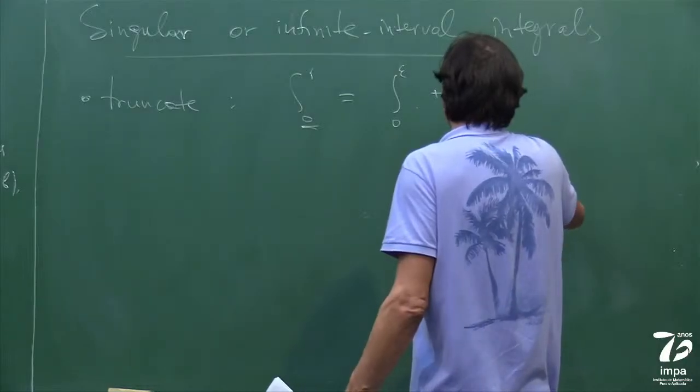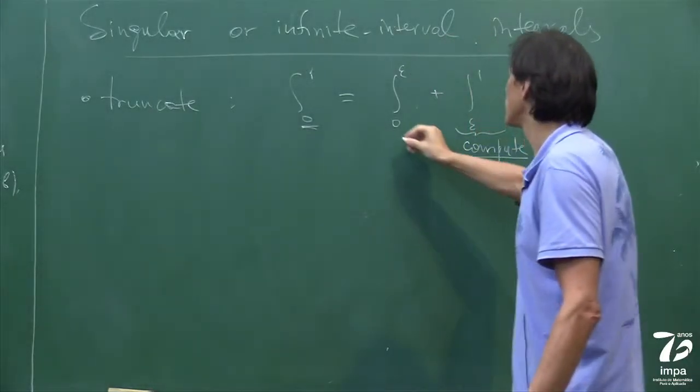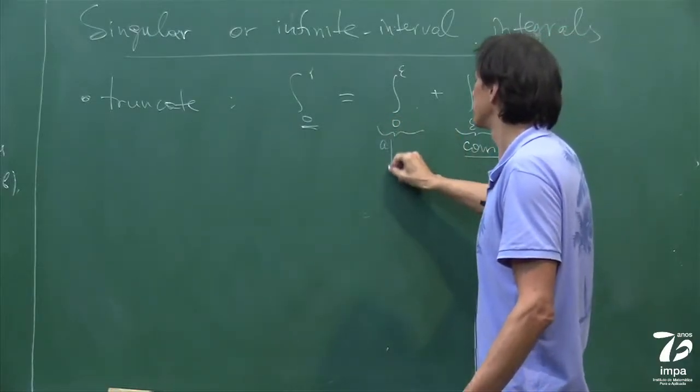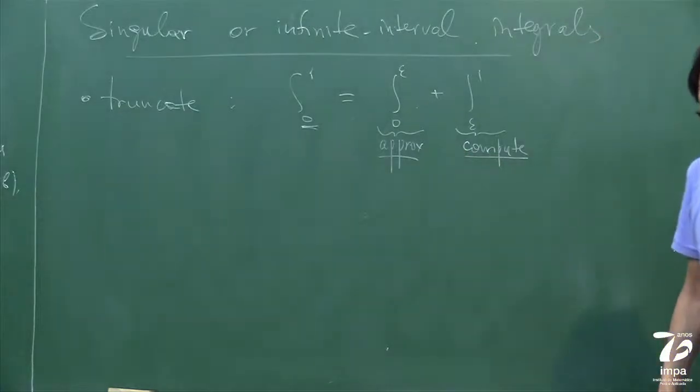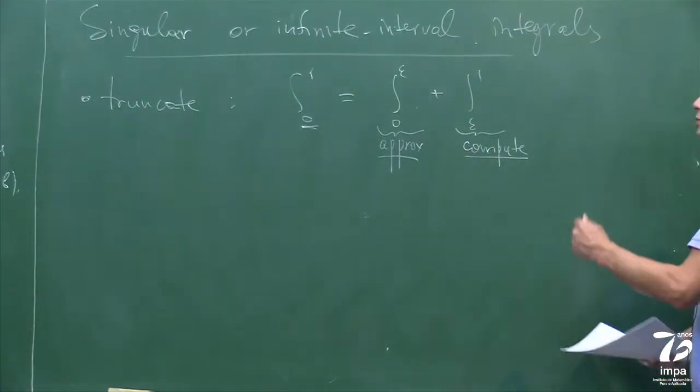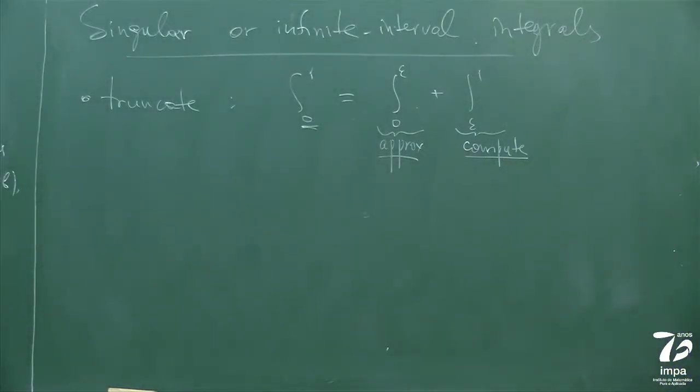This one you compute, and this one you approximate, for example, take 0. The same thing you can do with infinity: from 1 to a large number, you compute. From the large number to plus infinity, you either approximate or just take 0. 0 is also an approximation.